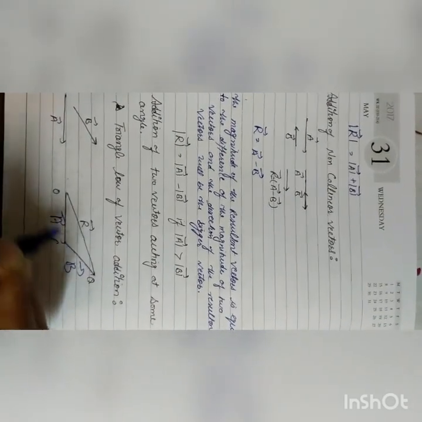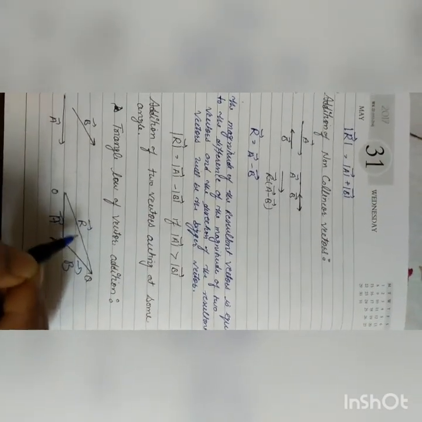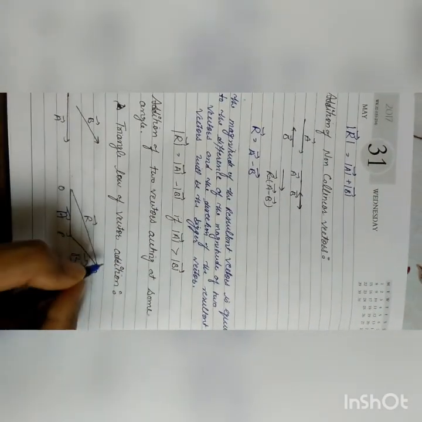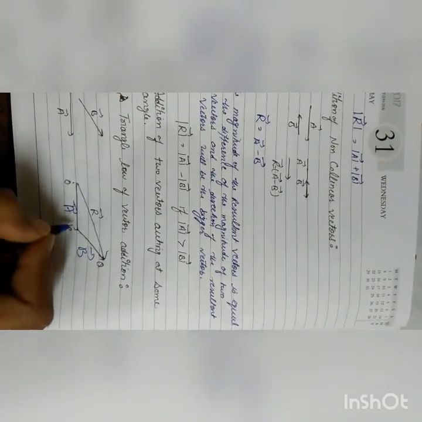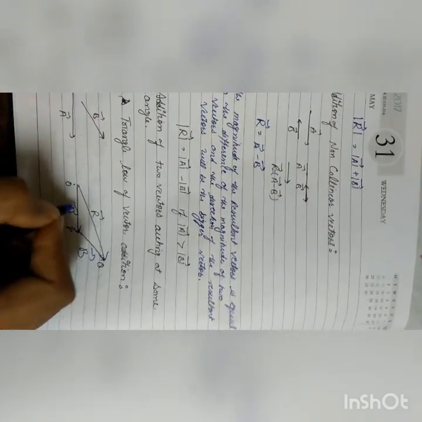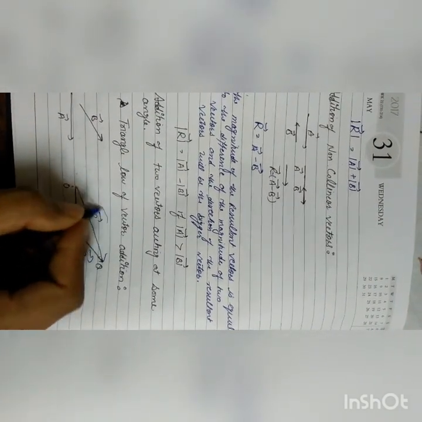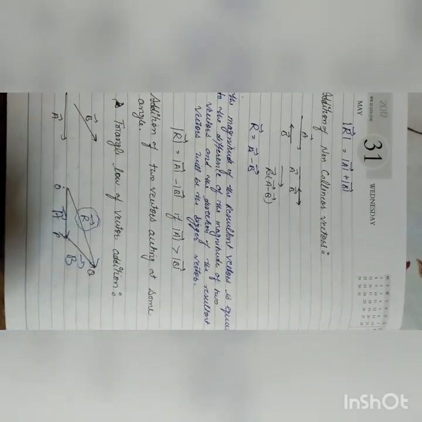Now the resultant of these two vectors is given by the closing side of the triangle, that is the third side of the triangle. OP is a vector, PQ is another vector, and the resultant of these two vectors is given by the closing side of the triangle, that is R vector, right?